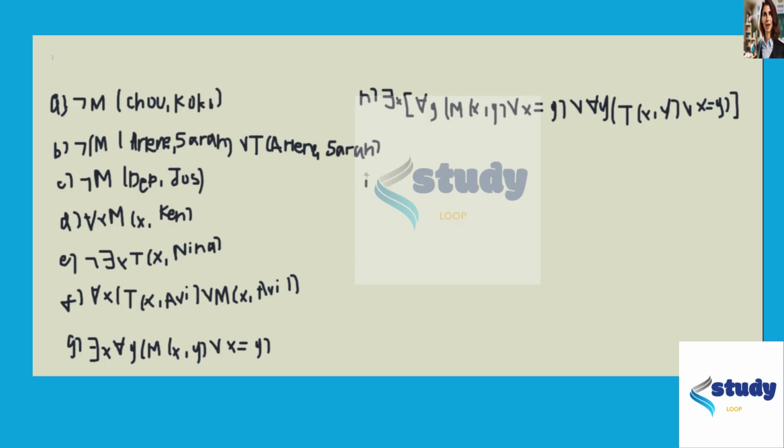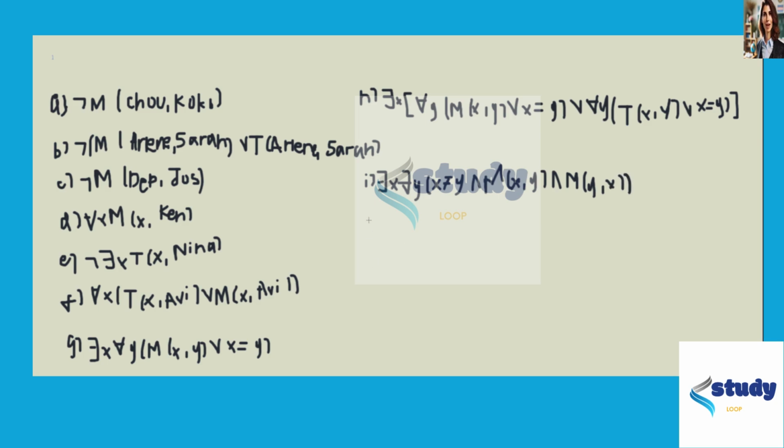For I, we can rewrite it as there exist two students, x and y, who are not the same person, and x sent y an email message and y sent x an email message. So we use our existential for x and y, for x is not equal to y, and M(x, y) and M(y, x).